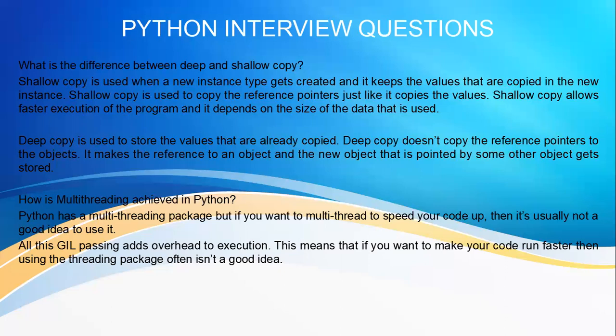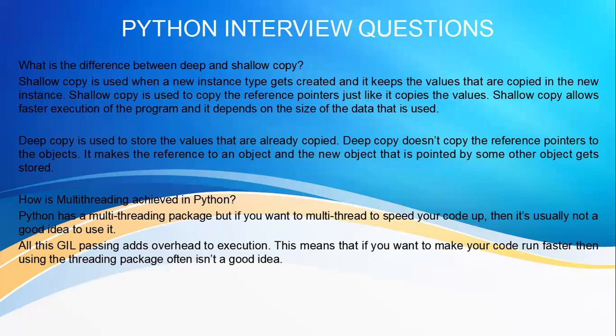Shallow copy allows faster execution of the program, and it depends on the size of the data that is used. The deep copy is used to store the values that are already copied. Deep copy does not copy the reference pointers to the objects. It makes the reference to an object, and the new object that is pointed by some other object gets stored.